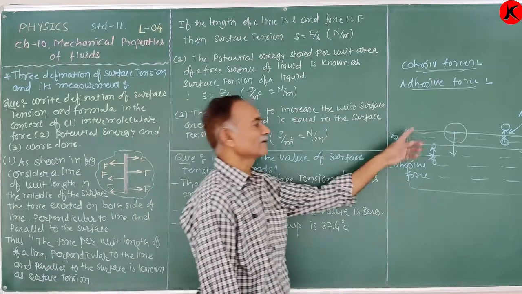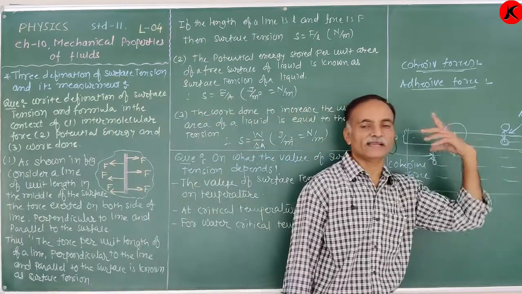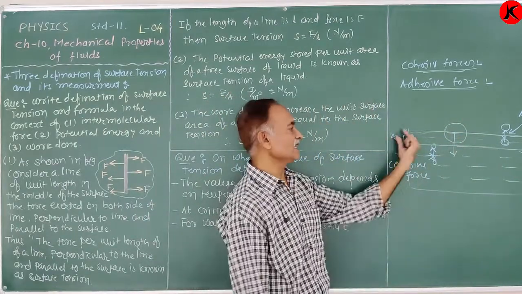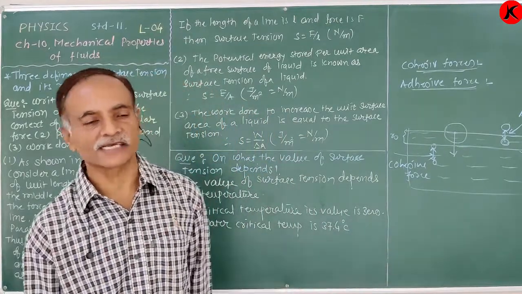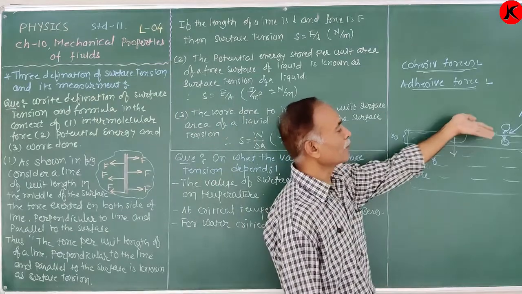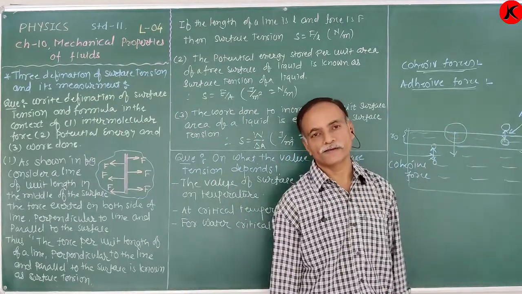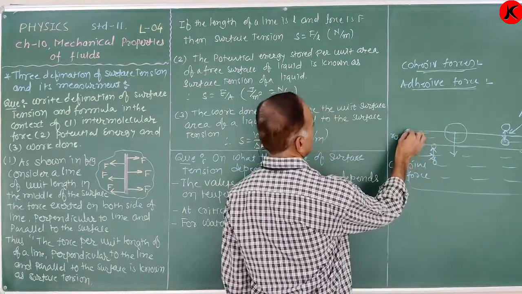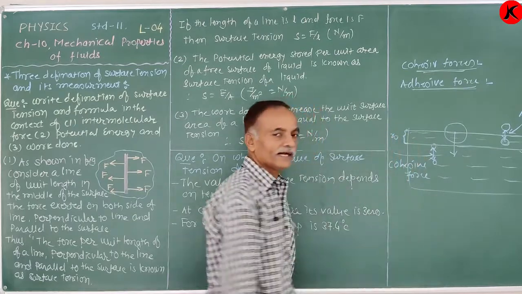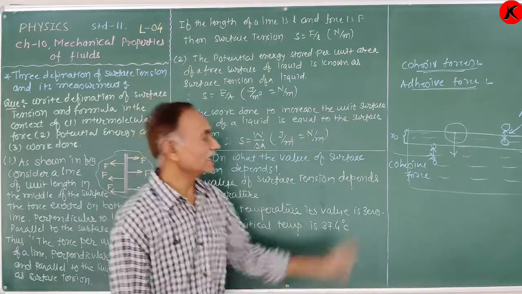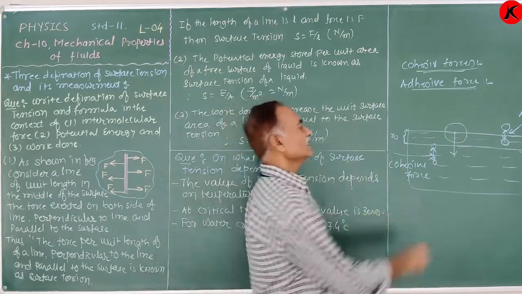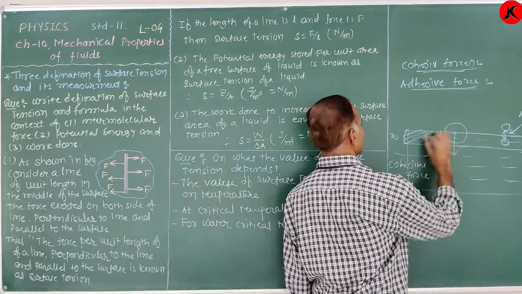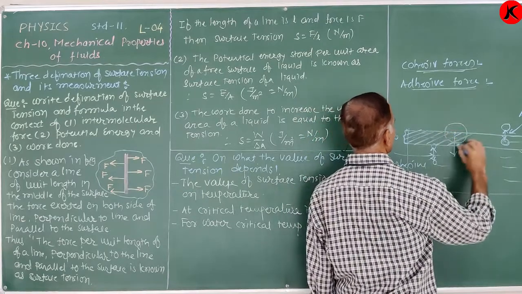The molecules of the fluid lying in this region have the tendency to go inside the fluid. Therefore, the layer having thickness equal to the range of intermolecular forces is known as the surface.